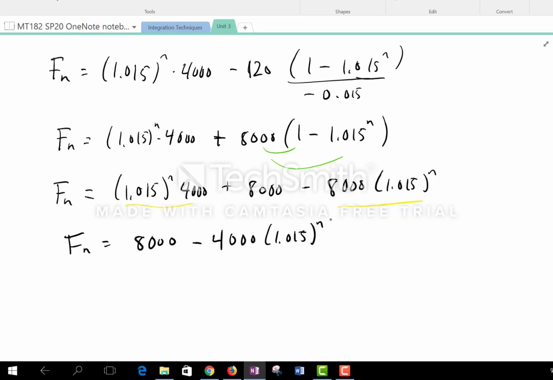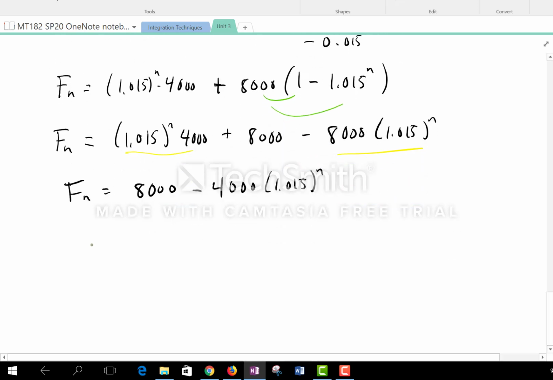Alright, so if we want to know the steady state population here, what we're going to do is set that equal to 0 and solve. So we want to know when is the fish population going to equal 0. Alright, so let's substitute 0 in for f sub n. And then we're going to just solve this exponential equation using logarithms.